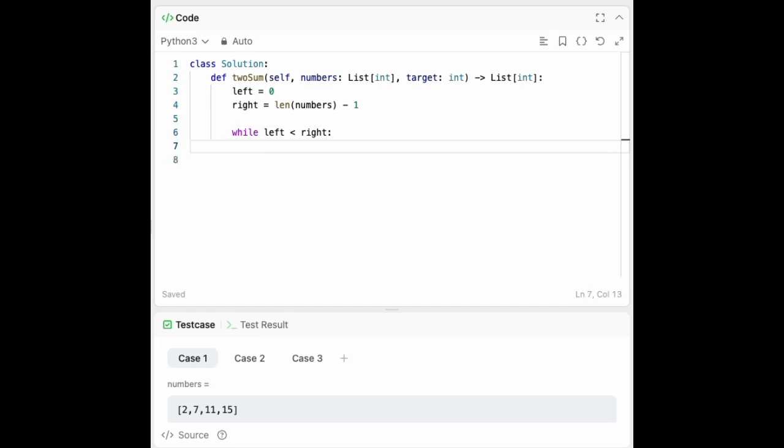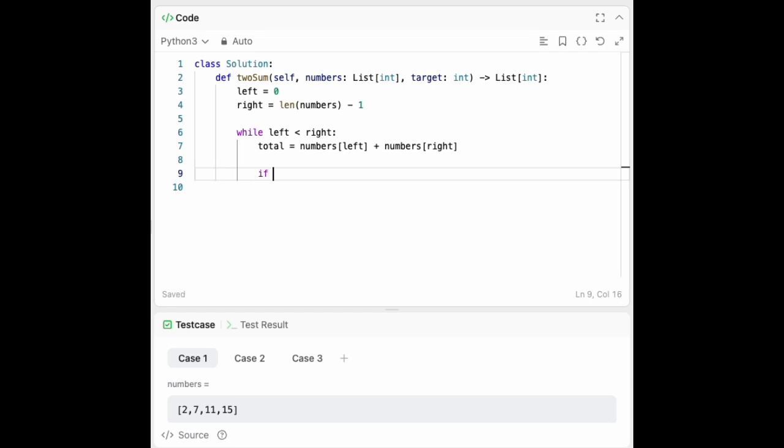Okay, then we go, well, we need the total, because it's when we add the 2 values at these indices that we then compare our total with the target we're meant to find. So we go, well, numbers left plus numbers right.